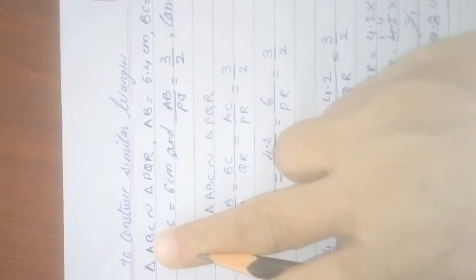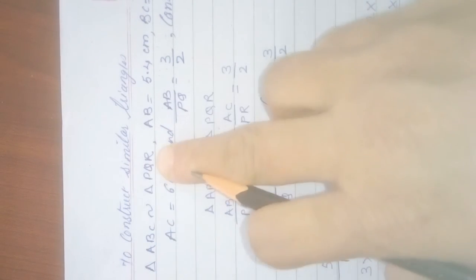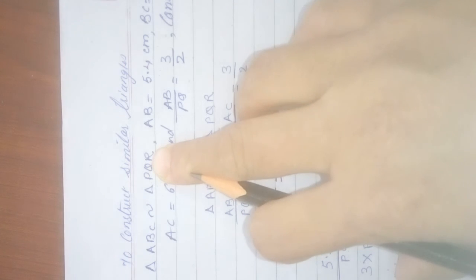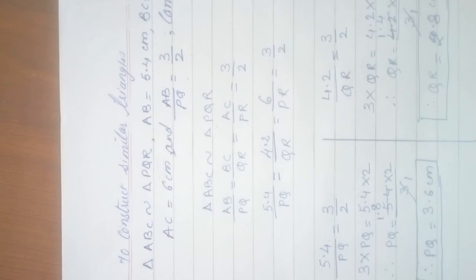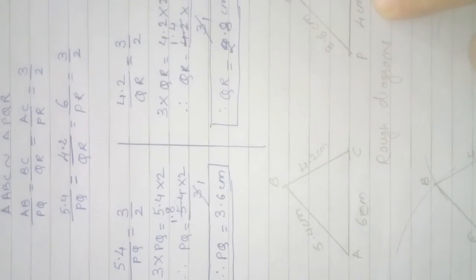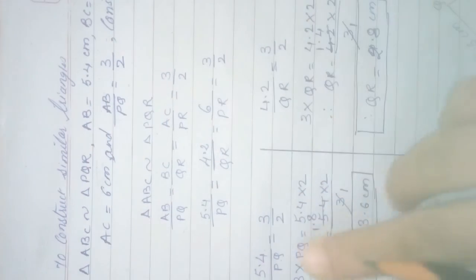So children, if you see the question, triangle ABC and triangle PQR are totally different triangles. If such a construction is asked, where two different triangles are given as similar, then we have to do this type of construction. The measurements of the sides of one triangle are given.